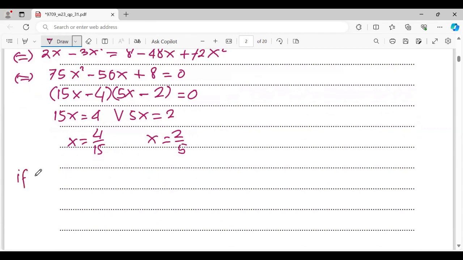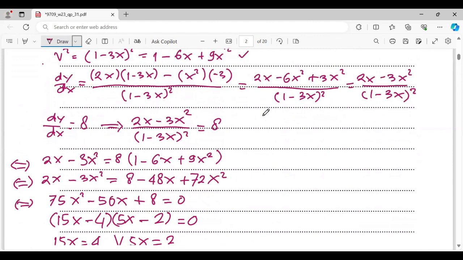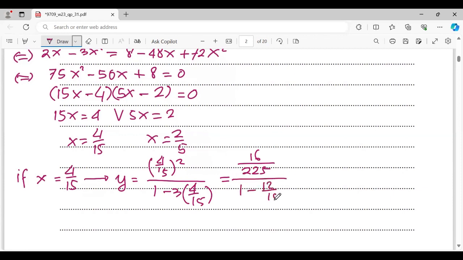Now, if x equals 4 over 15, y equals, based on this function, x squared over 1 minus 3x. 4 over 15 squared over 1 minus 3 times 4 over 15 becomes 16 over 225 over 1 minus 12 over 15, which is 16 over 225 over 3 over 15.